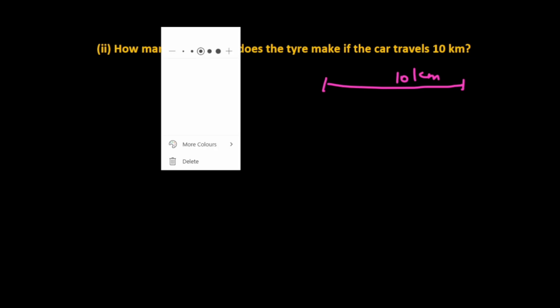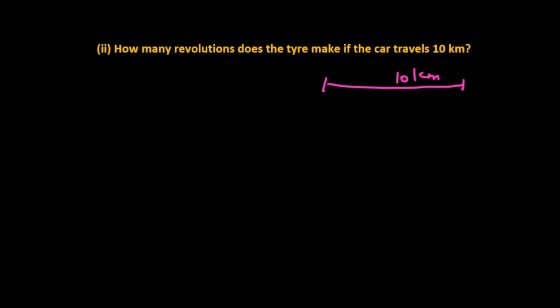If one revolution, the car tire revolves one time, 2 pi r, and again second 2 pi r, and again third 2 pi r, and again fourth 2 pi r, like that. So we are dividing the distance by 2 pi r. We are getting the number of revolutions.